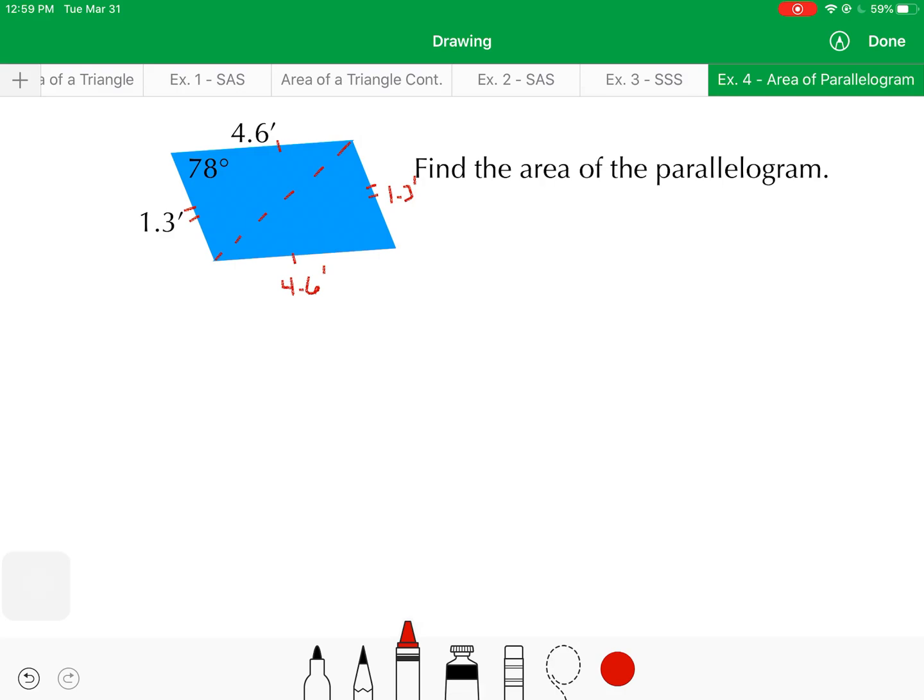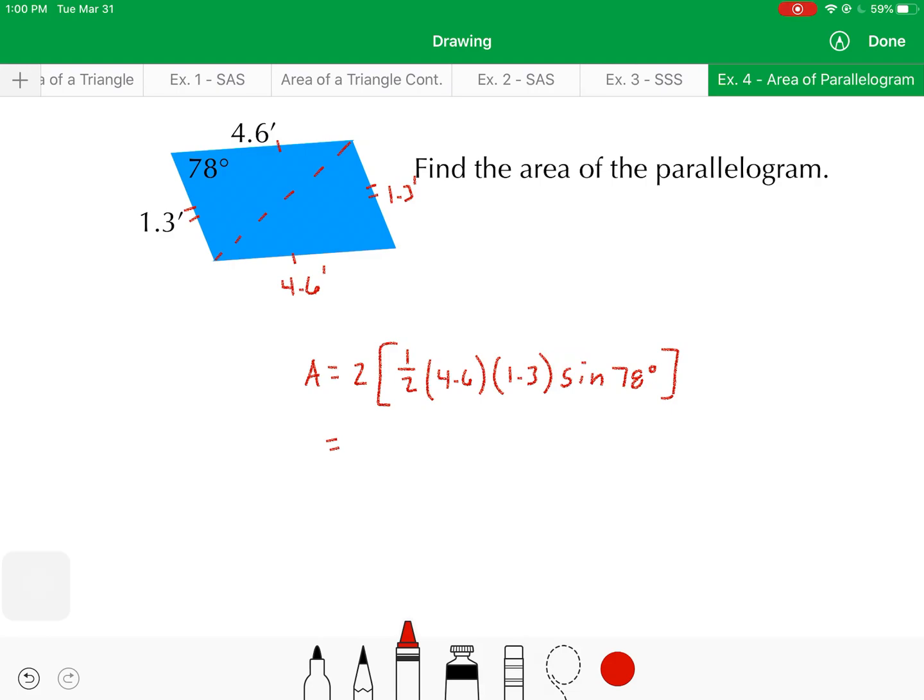Notice for either triangle, we've got a side angle side scenario here. So my area is going to be nothing more than double the product of 1/2, 4.6, 1.3, and the sine of their included angle, which is 78 degrees.